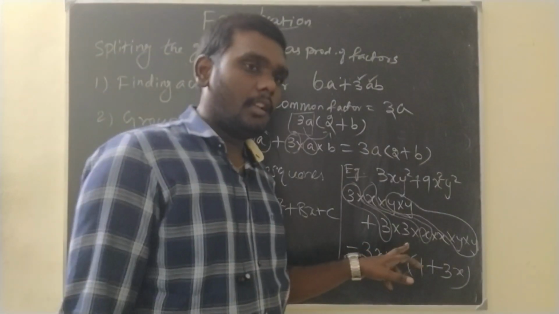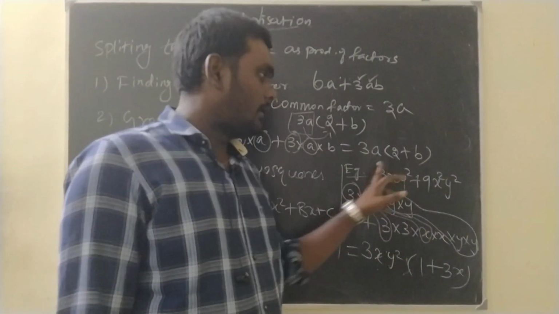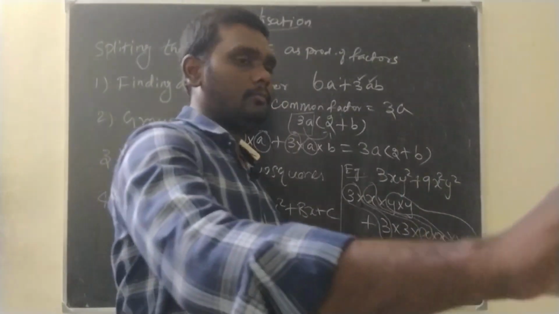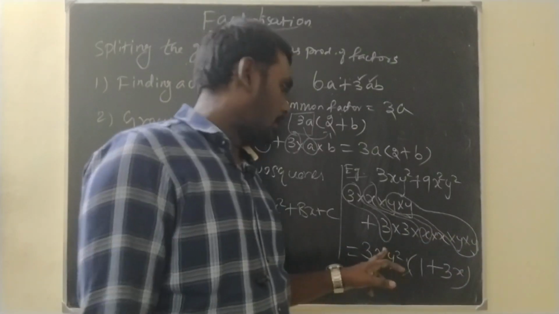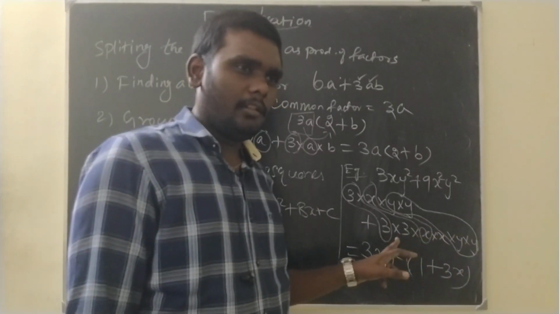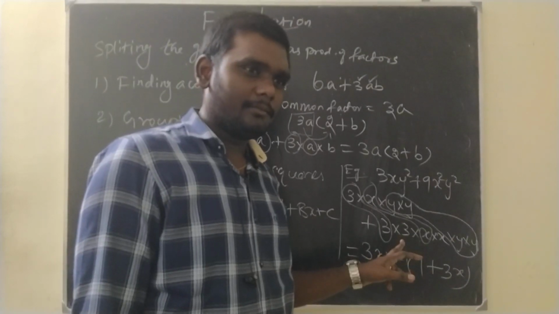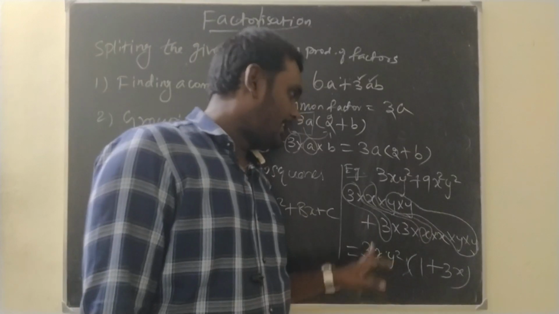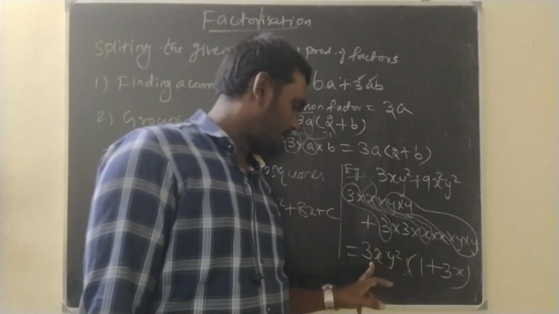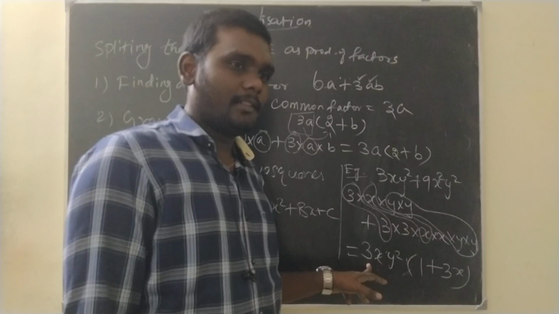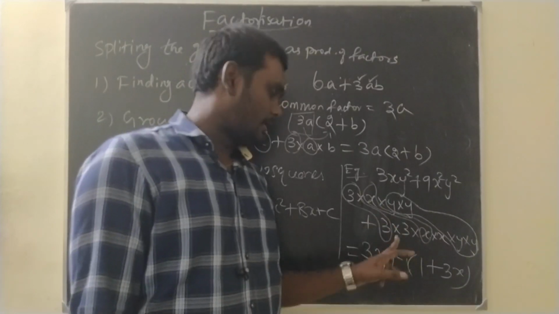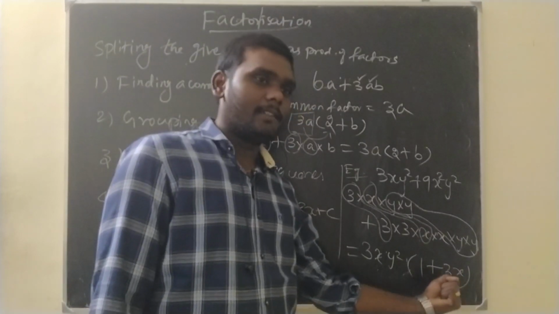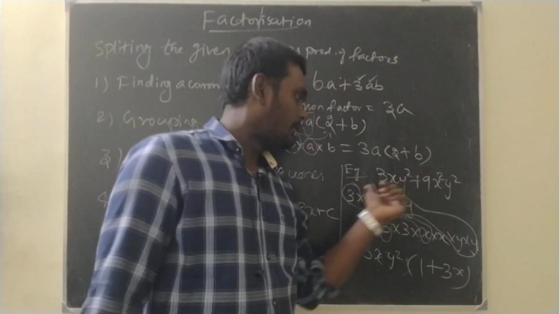See, I'll tell you once again. See, for this whole algebraic expression, this 3 is a factor for that expression, x is a factor for that expression, and y square is a factor for the expression, and this 1 plus 3x is a factor for this expression.